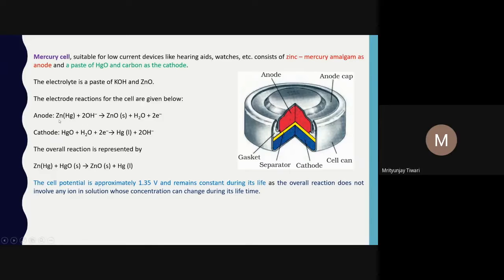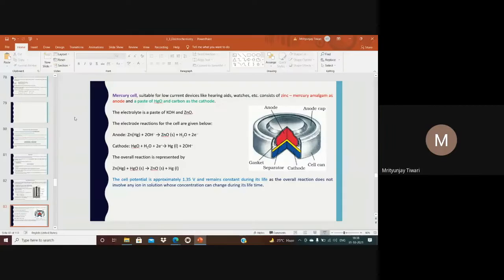So at the anode, what happens? The zinc, and other than zinc, the mercury is also there. But in the zinc mercury amalgam, mostly the zinc is reactive. So zinc will react with 2OH minus to form zinc oxide plus water plus 2 electrons. At the anode we may not need to write this Hg.